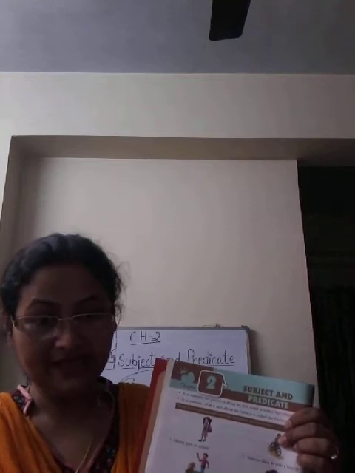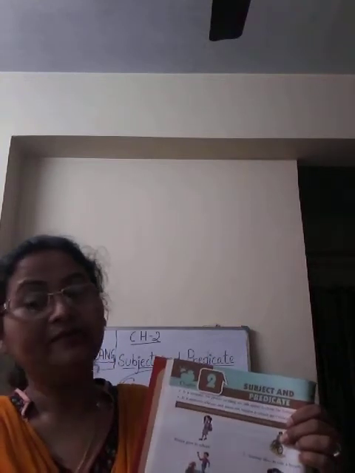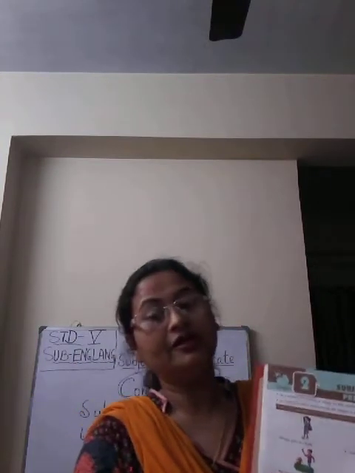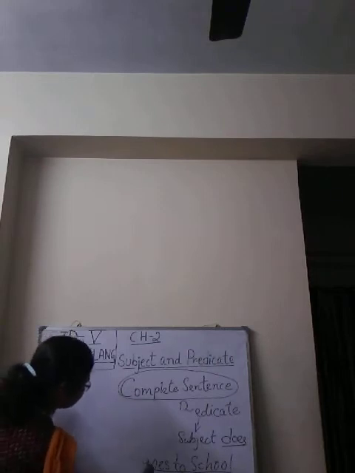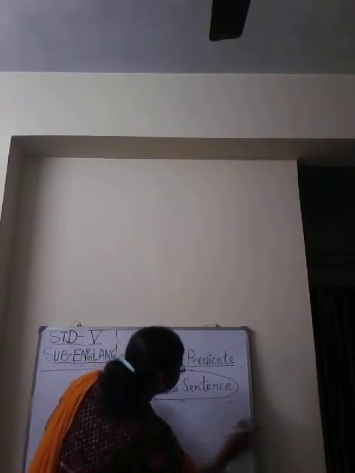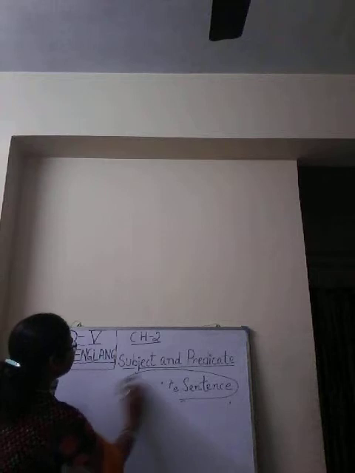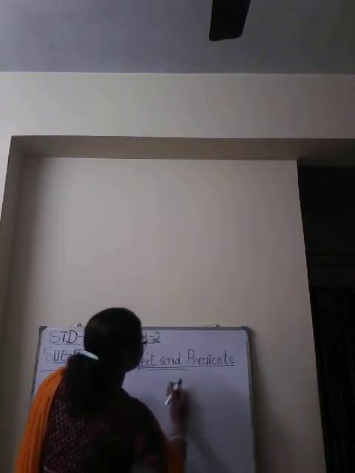Okay, it begins from the verb. Meena goes to school. A few more examples I will give you. And the examples are also given in the book. Children, you can go through the book.